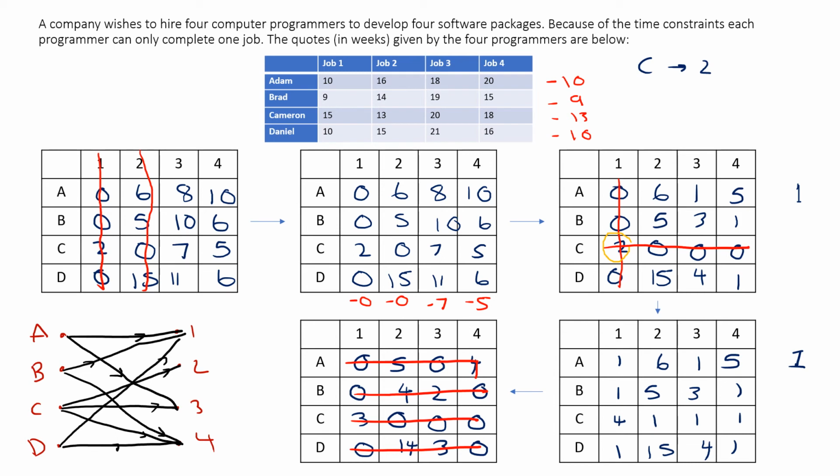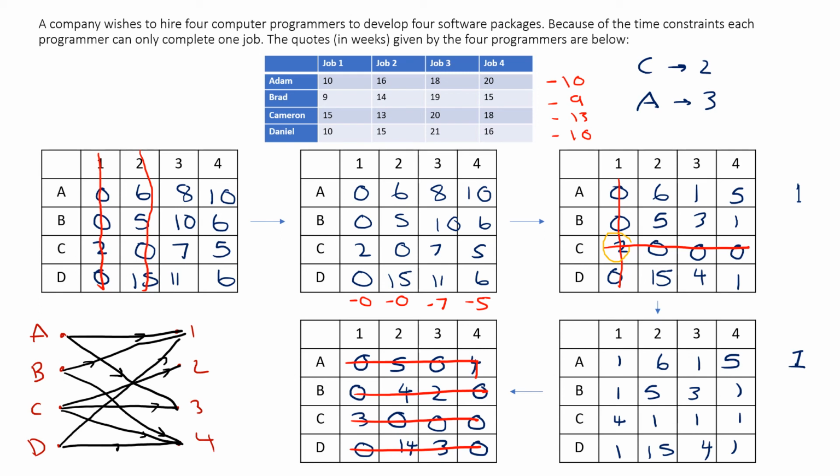With job 3, the only people that can do that now are Cameron and Adam. Because Cameron is already doing job 2, that means Adam must be doing job 3, which leaves us with jobs 1 and job 4.